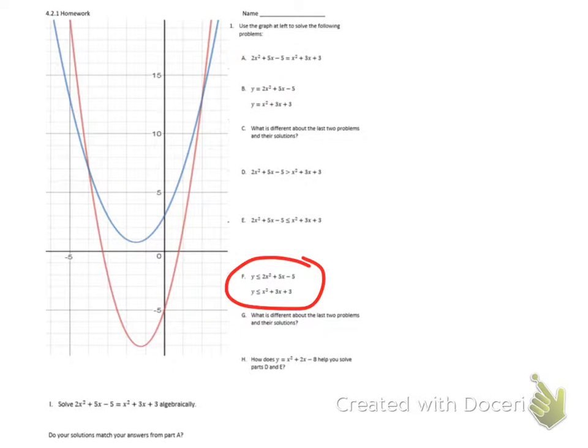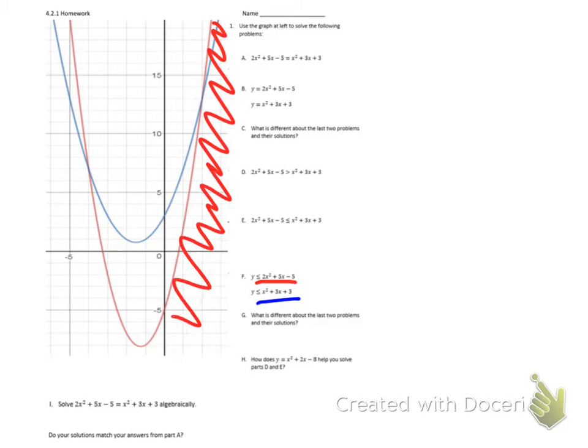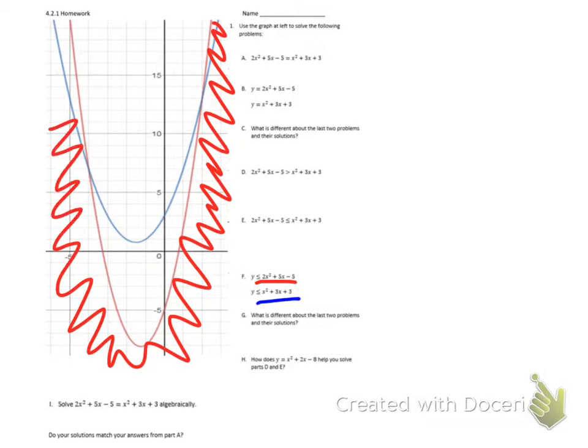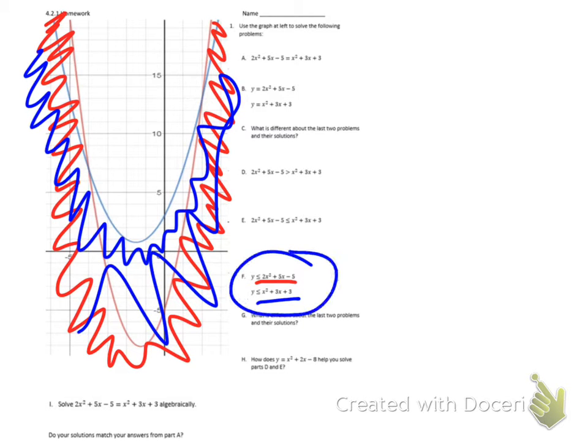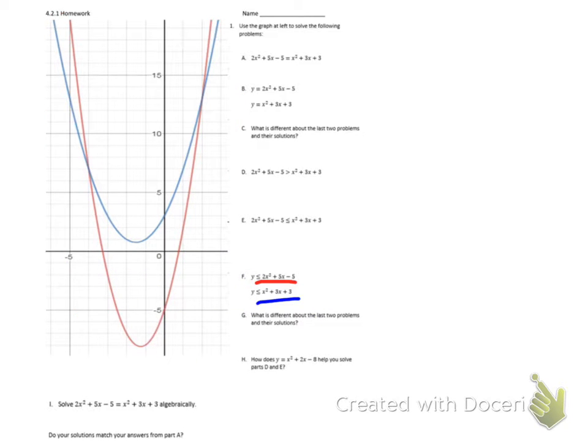So I want every point that is both less than the red and less than the blue. Everything that's less than the red would be all of this over here. Everything that's less than the blue would only be these here, but then it would include all of this. But now if it's a system, I want only the parts that are overlapping each other.